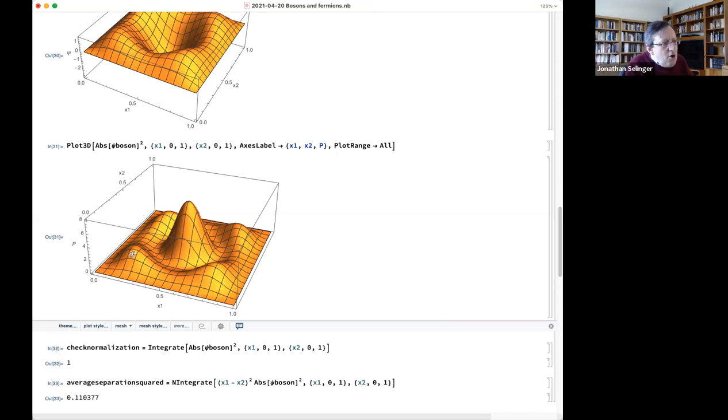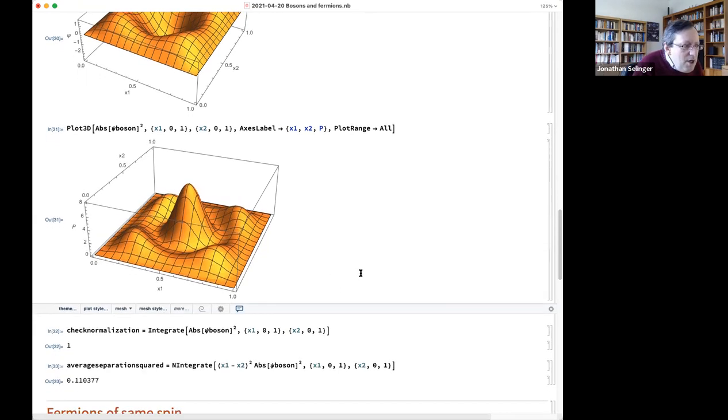There are also subsidiary peaks. There's a peak here where both particles are on the left, and here where both particles are on the right. There are also peaks there and there where they're on opposite sides. So those things can happen too. They don't have to be in the same place. It's just a matter of probabilities.